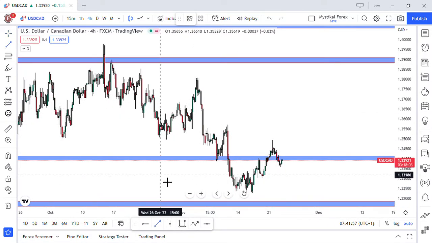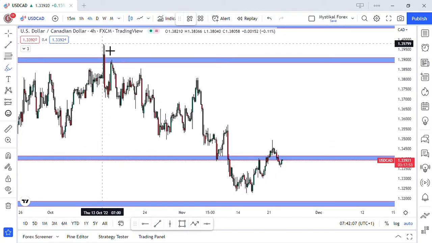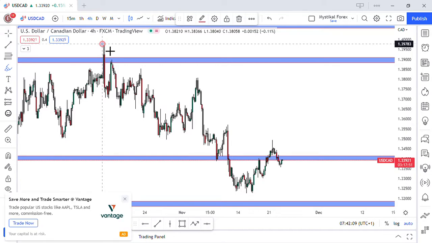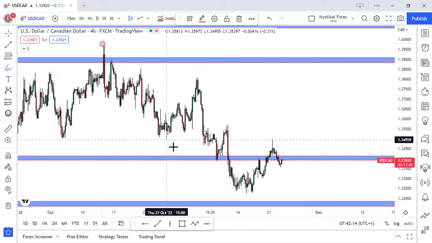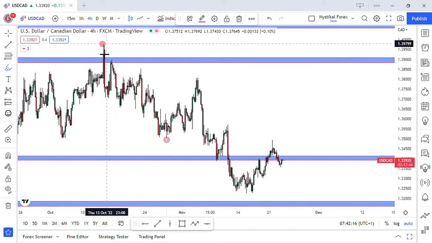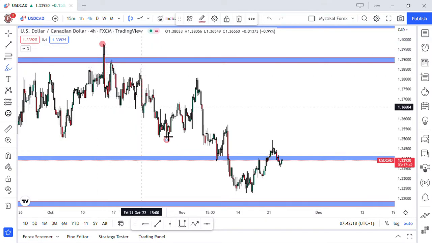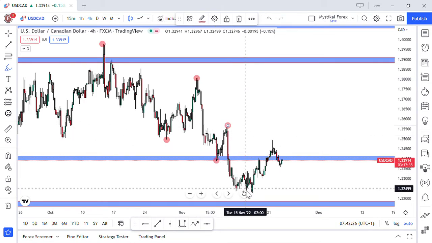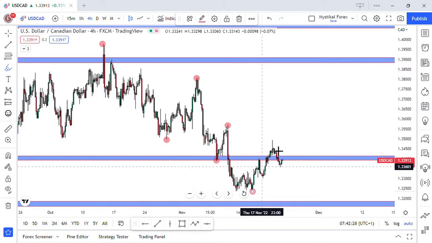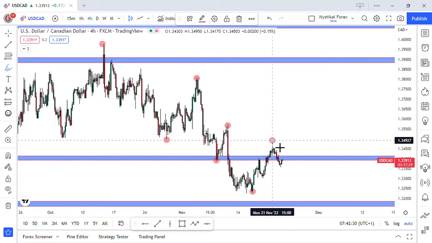You are going to mark out your highs and your lows, and that's how we are going to find more and more levels where the market is going to retrace, break out, or bounce. You see, we have our high right here, we have our low, we have our lower high, our lower low, another lower low, possible lower high right here.